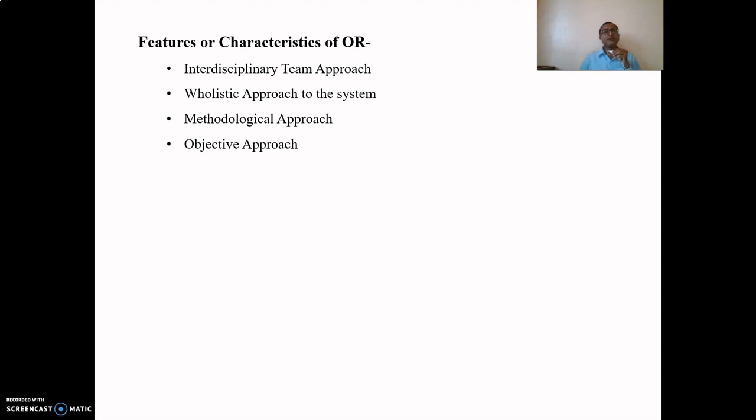Next one is the objective approach. Whatever decisions are going to be taken by the operation researcher, they should be objective oriented. Let it be profit maximization or cost minimization or reduction in time or finding the bottlenecks in the production, etc. Likewise, the operation researcher attempts to locate the best and optimal solution to the problem under consideration.